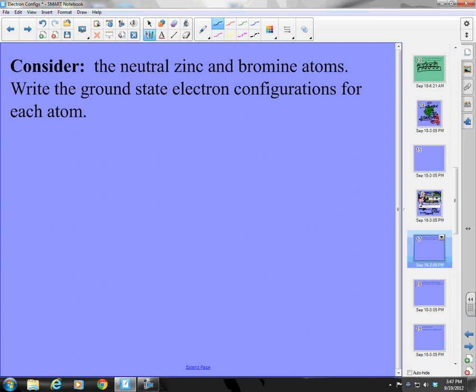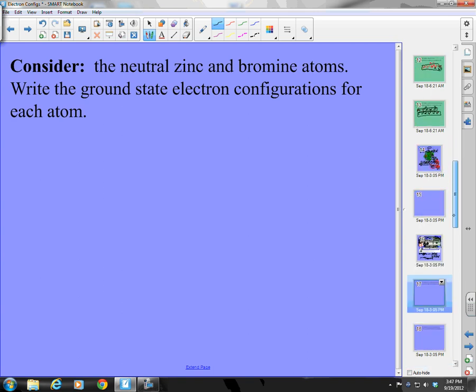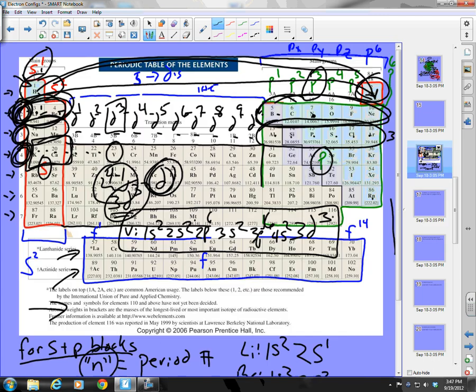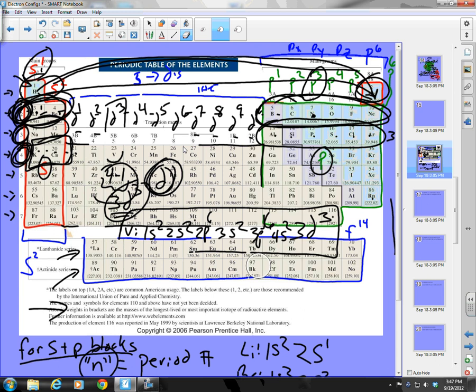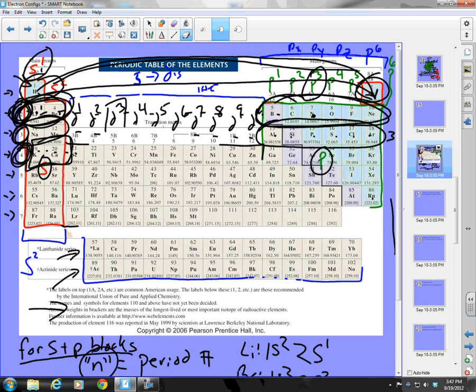Okay, zinc. Let's find zinc. Let me clean up some of this. Okay, good. So we're cleaning this up. Where is zinc? Here is zinc. Let me make sure we keep our blocks. Here's my D block, right? Here's zinc.